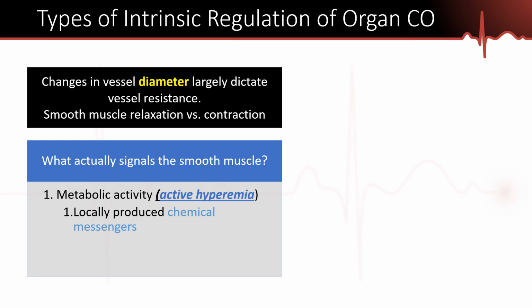This whole idea of vessels dilating, like arterioles vasodilating and allowing more blood to flow to particular regions of the body due to a reduction in resistance, is called active hyperemia. That is the technical name for it, okay?